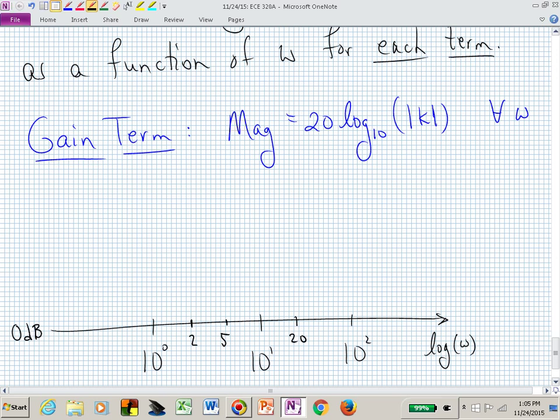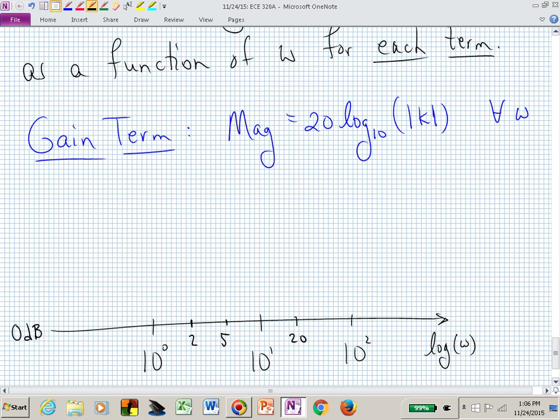What log of x will give you 0? 1. Right? So this is 1. That means if this is the gain, and it's a value of 1, that means you put in a magnitude of 6, you're getting out a magnitude of 6. The gain is 1, 0 dB.